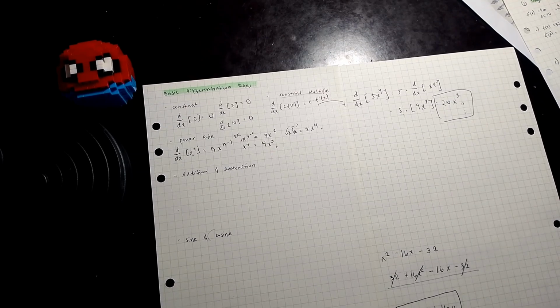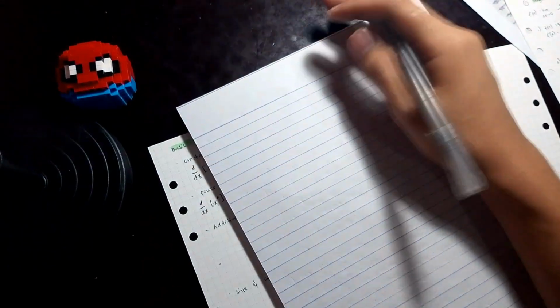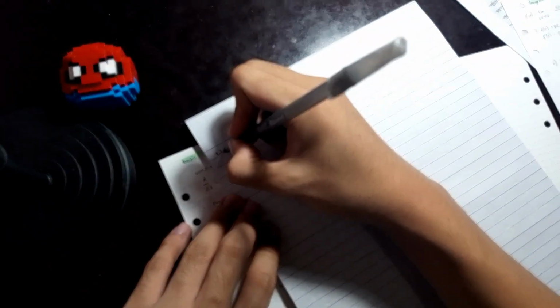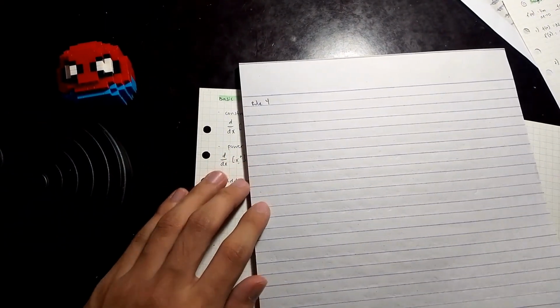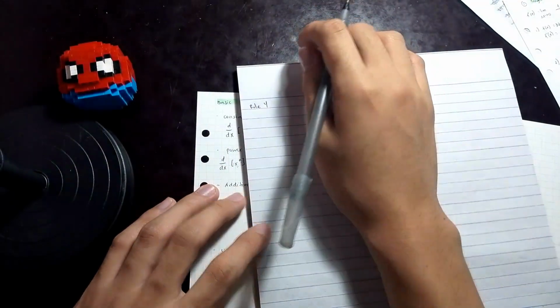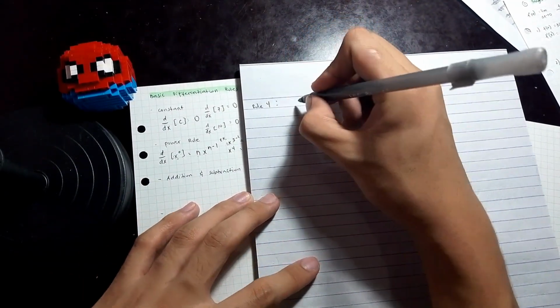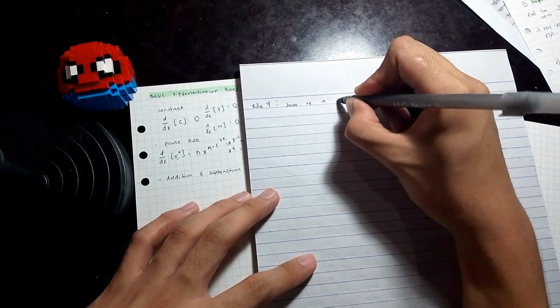Now, for the addition and subtraction, rule number 4: the derivative of a sum or a difference is the same as the addition and subtraction.